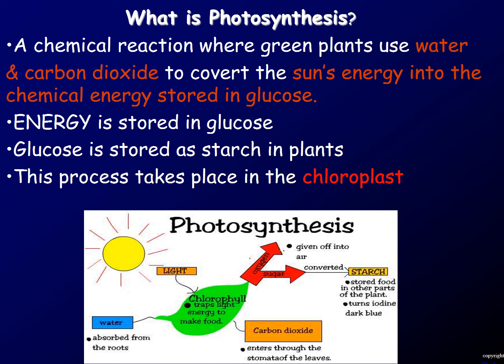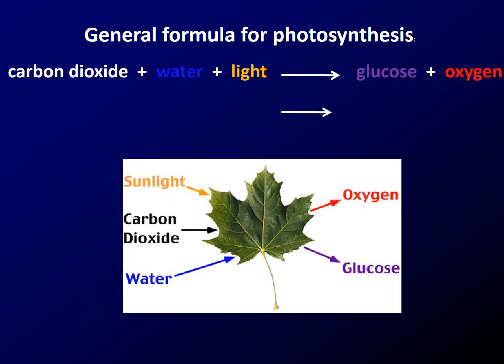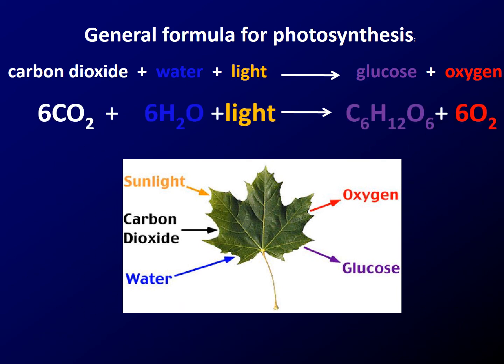Photosynthesis is the chemical reaction wherein plants use water and carbon dioxide to convert the sun's energy into chemical energy that is stored in glucose. This process takes place in the chloroplast. As we can see from the general formula of photosynthesis, plants take in oxygen in the form of carbon dioxide and water.